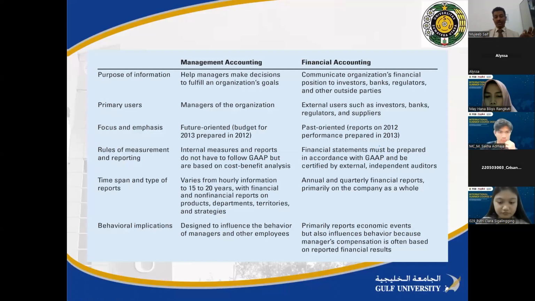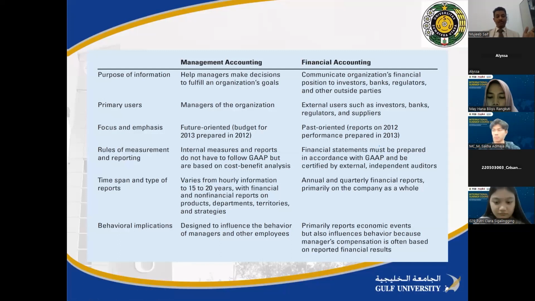There is cost benefit analysis, and we have also cost volume profit analysis. There are some techniques that we have to use in order to provide reports, but there are no standards that will control our work, right?